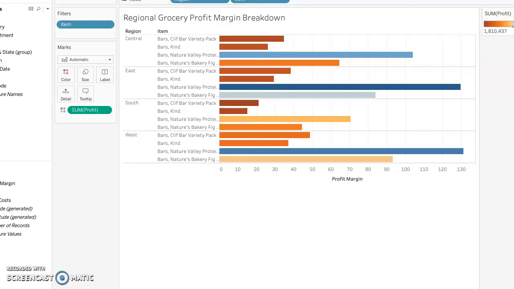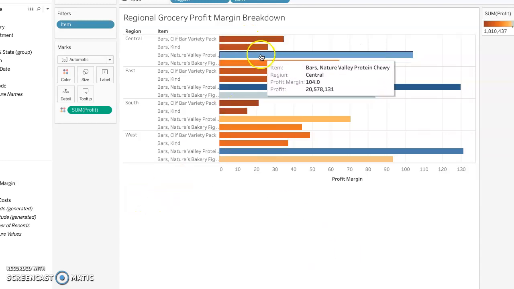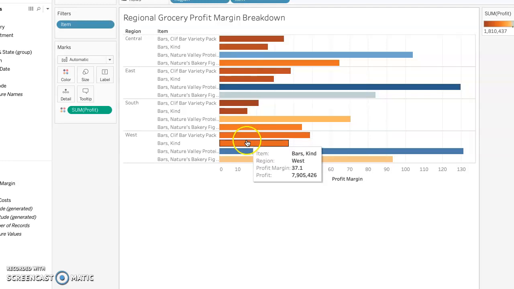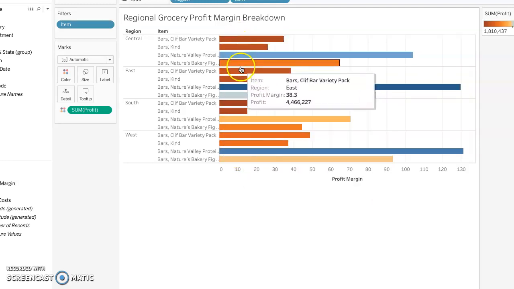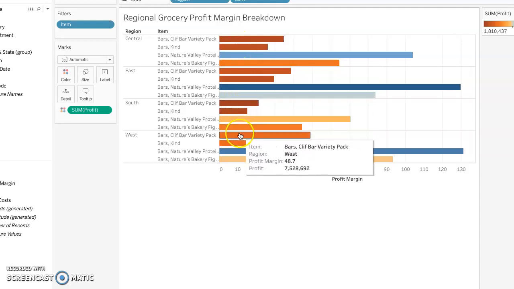I started off looking at the grocery department, and I looked at each item within the department and within the region as well. Starting off with the grocery, you can see that on average they were doing decently well. In each region, each item was performing on average about the same.